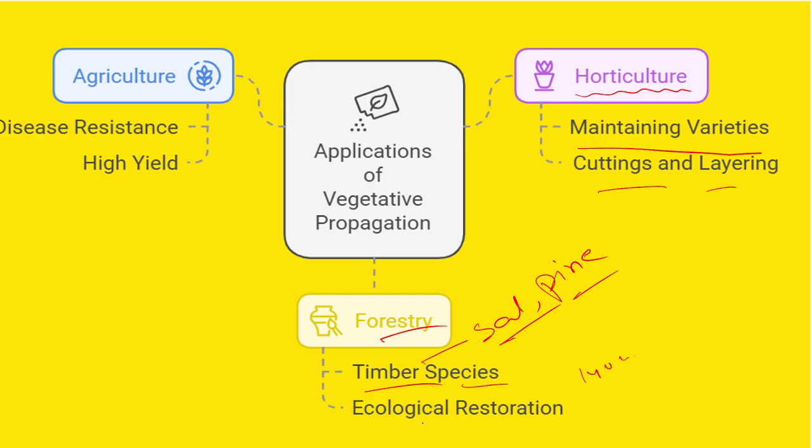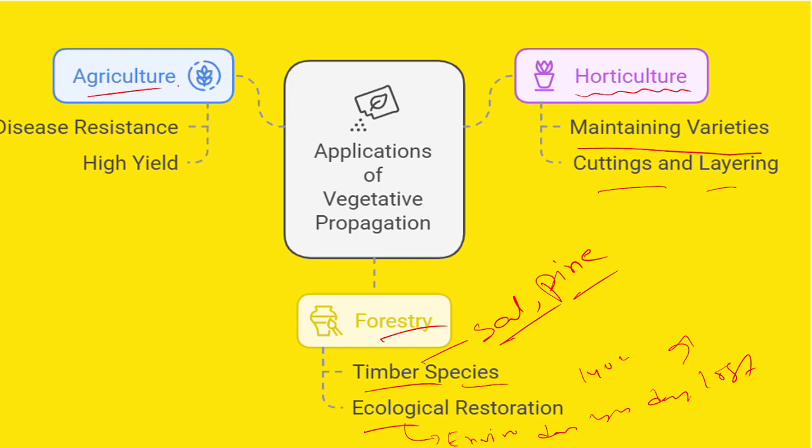That way, ecology and the environment are lost day by day. This loss we overcome by the technique of vegetative propagation. After vegetative propagation, we grow a large amount of plants, which restores the ecology and balances the environment or ecosystem. And another point, the last point, is agriculture.